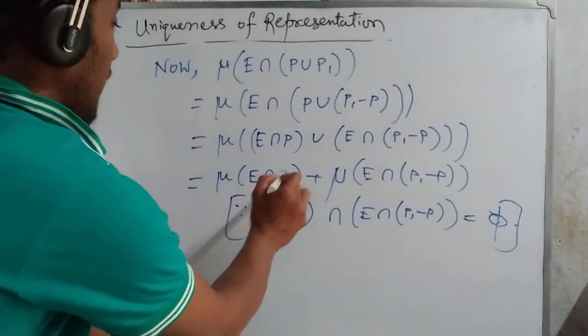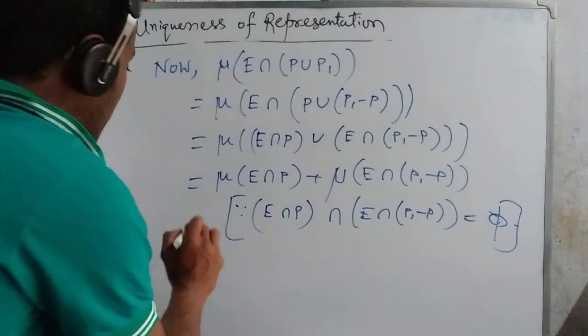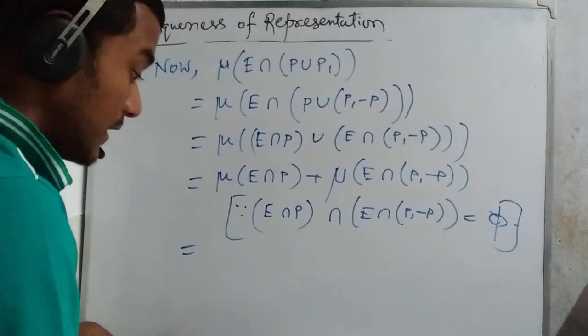Mu of E intersection P and mu of E intersection (P1 difference P) are obviously mutually disjoint, and mu is finitely additive, so we write this.